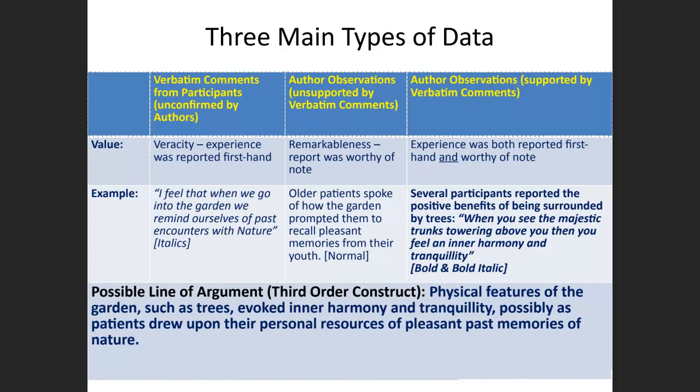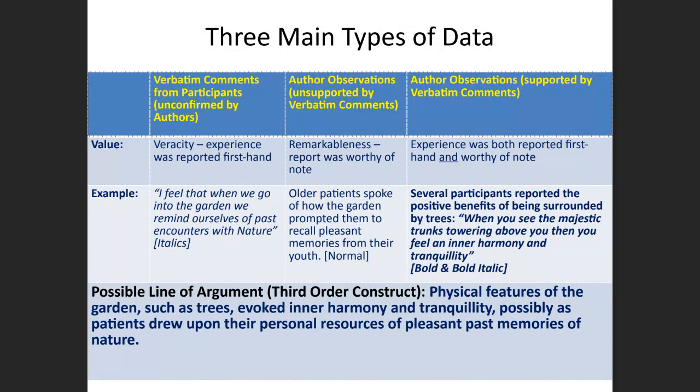And we can see the three main types of data that we may find ourselves using from within a paper. We may have verbatim comments where we can be sure or relatively sure that these have been reporting the experience of the participant. So we're convinced of their veracity, but we have no accompanying interpretation, so we attribute significance to them ourselves from our own reading of these.